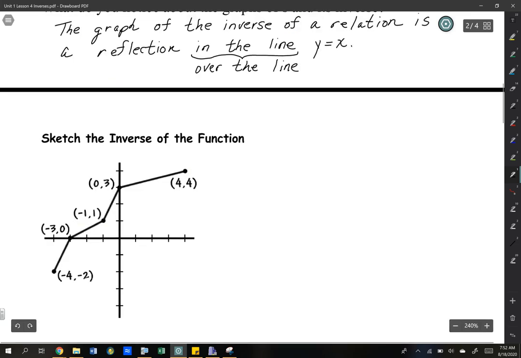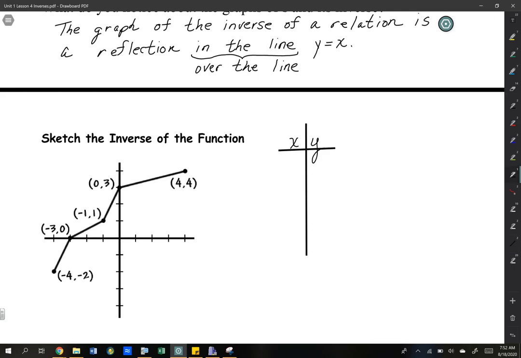All right, let's keep going. Sketch the inverse of the function. All right, so the first thing I want to do is, for me, it's easiest to make a quick table of values. I'm going to list out all the points that I see for the original function.